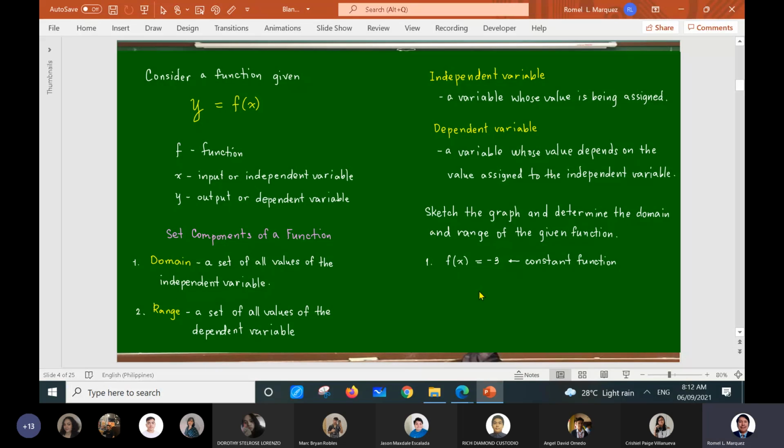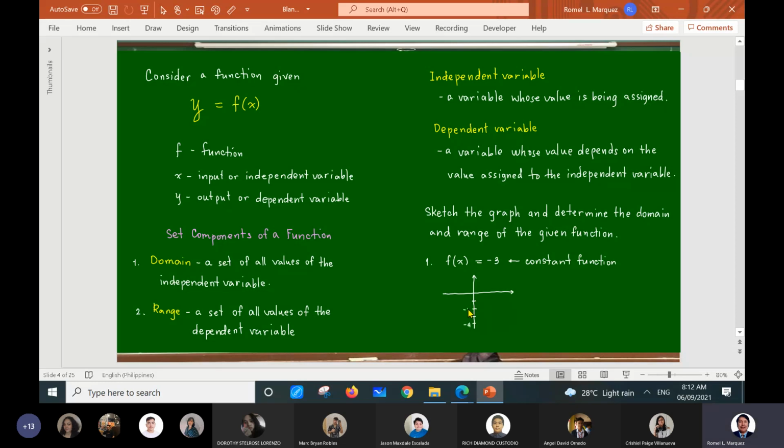So if you're going to draw the graph of this, the graph is a horizontal line passing through -3 along the y-axis, no? 1, 2, 3, 4. Let's say this is -4.